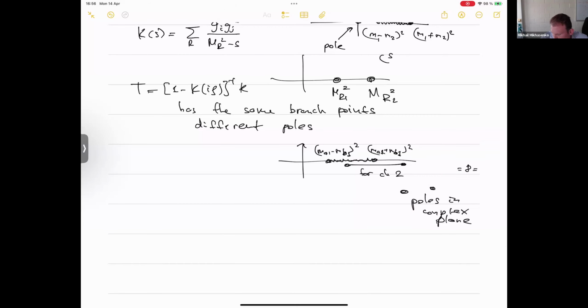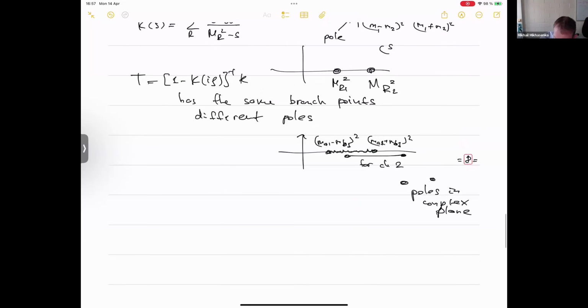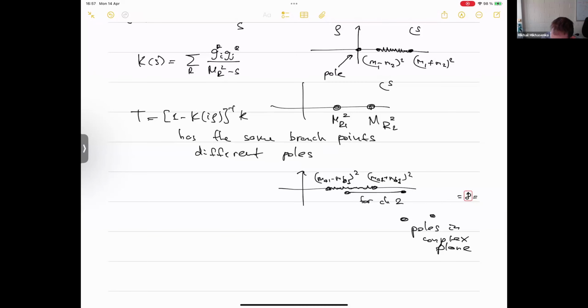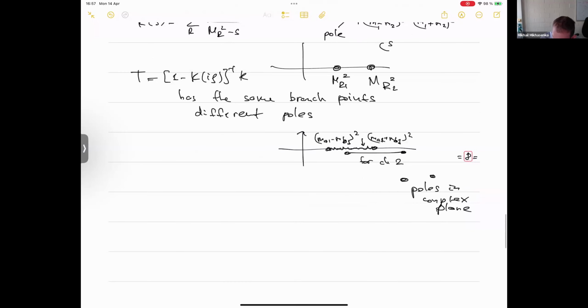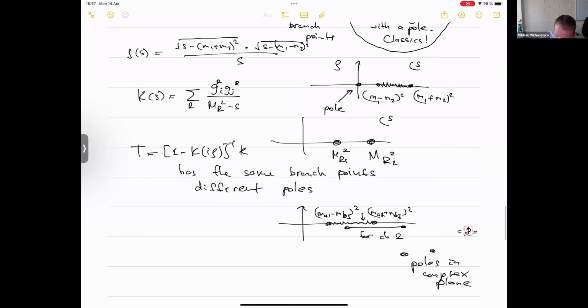When computing the amplitude, one always has to be careful when evaluating the function on the real axis, because in that implementation one has the cuts along the real axis, with the values from above matching the values from below. But it's clear how to analytically continue, since we deal with square root branch points. For a square root branch point, the way to change the sheet of the function is to put a minus sign in front.